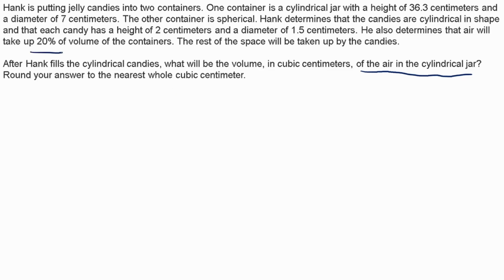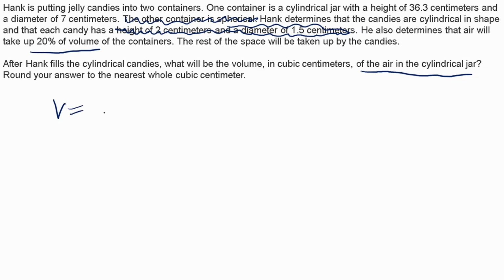So the air is 20% of the volume. So now we just need to know the volume of the jar, right? So we don't need anything about the candies. So all this is no good to us, along with a lot of other stuff, like the other spherical container. That doesn't matter. So all we have to do is find the volume.